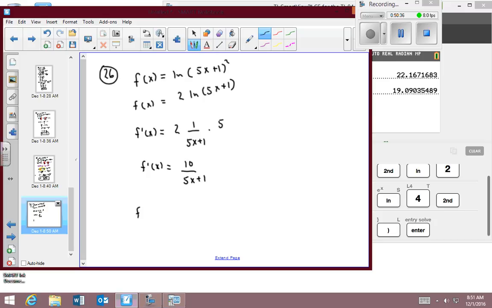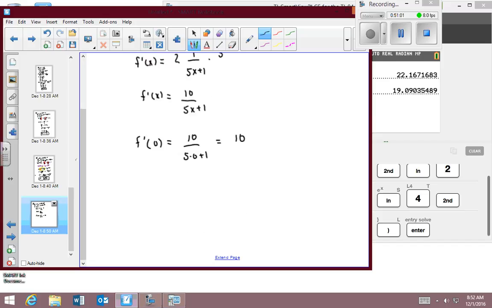And then f prime at 0. So what it says is 10 over 5 times 0 plus 1 equals 10. And so what's the meaning of that?